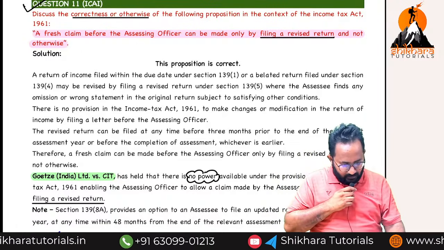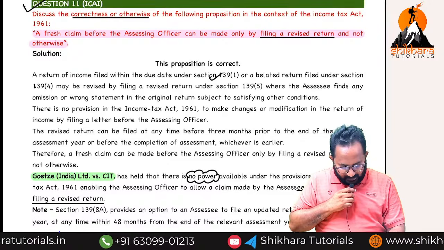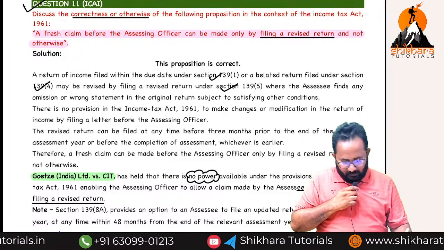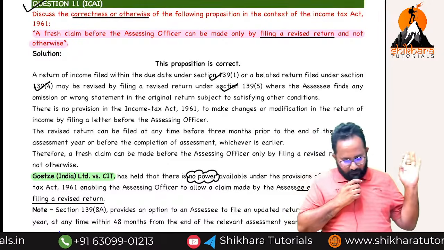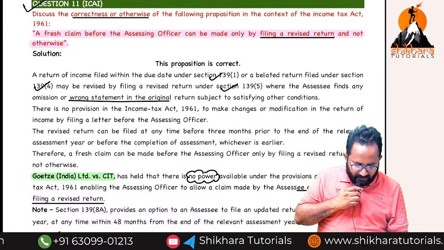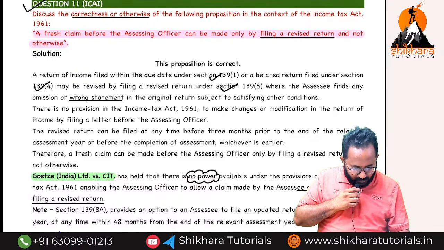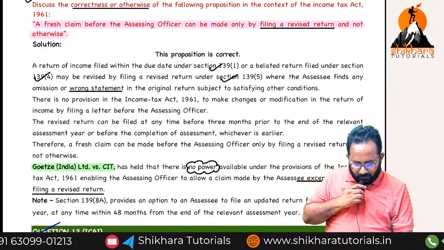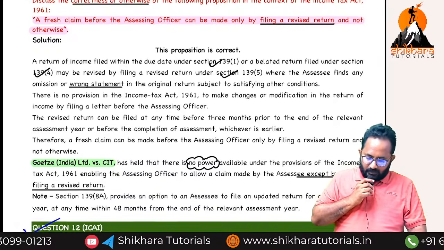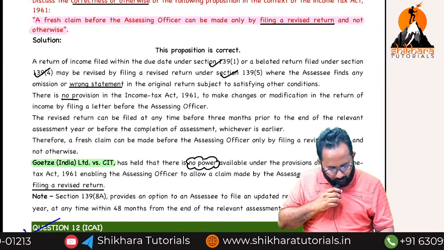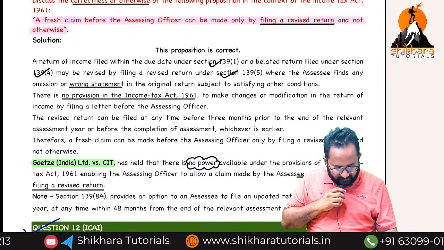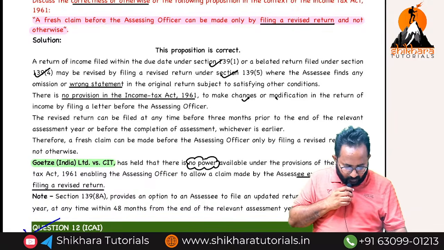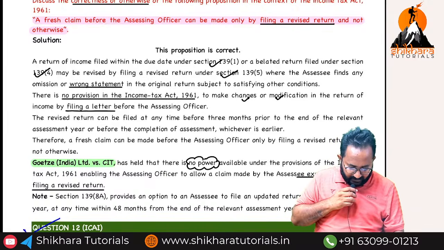Clearly, original return, belated return, revised return, and it includes the loss return also. If you identified anything wrong in this, you can file the what? Revised return. Next, there is no provision in the Income Tax Act 1961 to make changes or modifications in the return by way of sending the what?